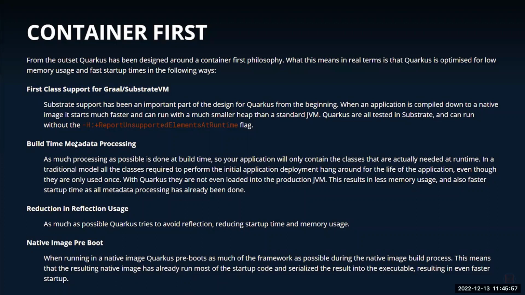Most of the processes which occur in Quarkus when we code an application happen during build time. So as much processing as possible is done at build time. The application will only contain the classes that are actually needed at runtime.